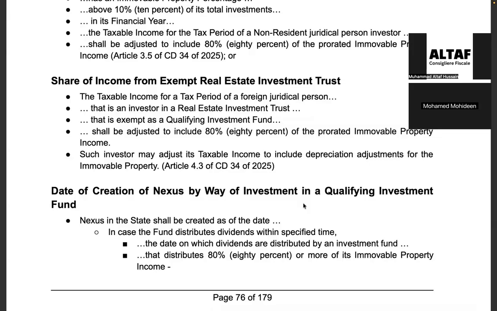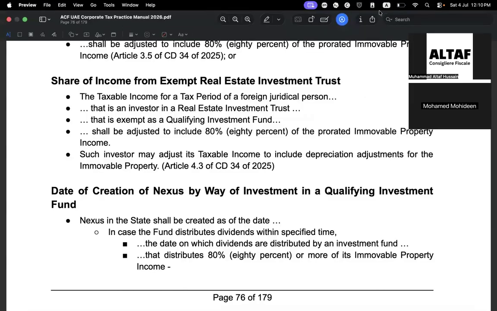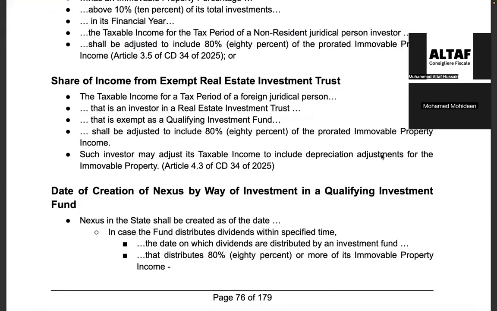Then came the point of dependent agent, which was still permanent establishment. And then came the discussions on the nexus. That was another angle of bringing the non-resident persons into the tax net of UAE, right?